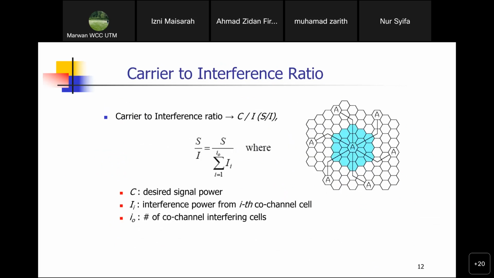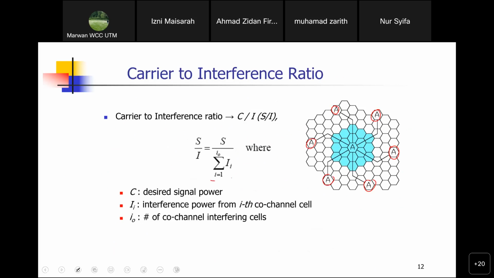Okay, so now let's look at the entire network, when you have 6 co-channel cells around you. Previously, we only considered 1. Then the idea is simple.